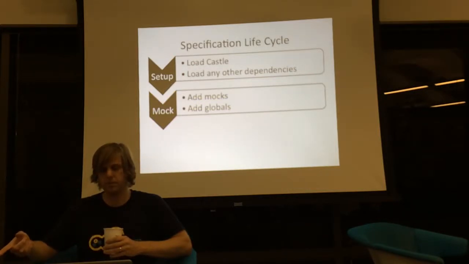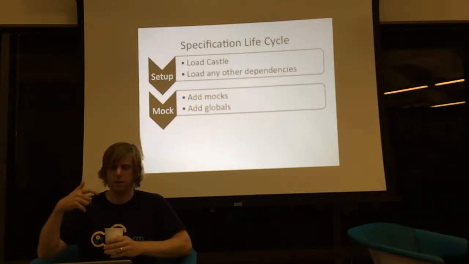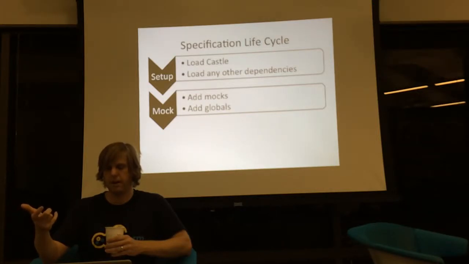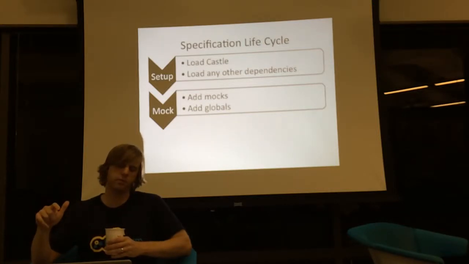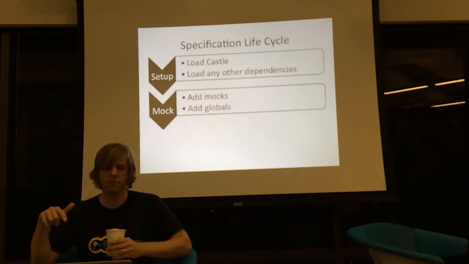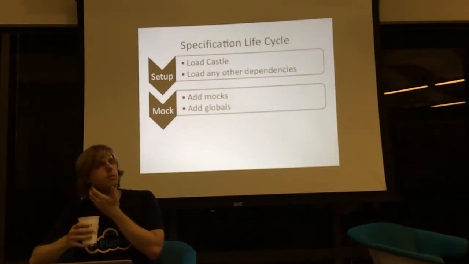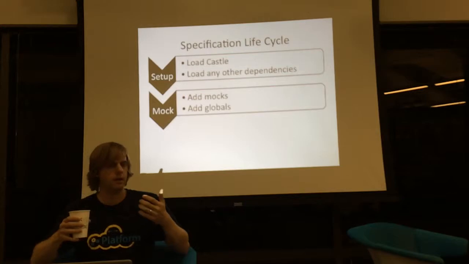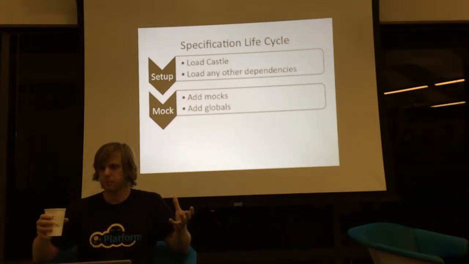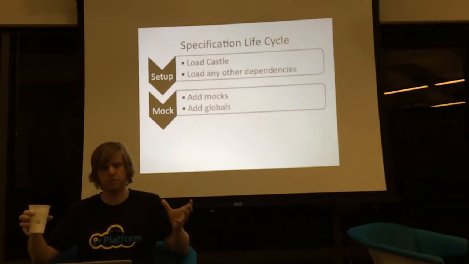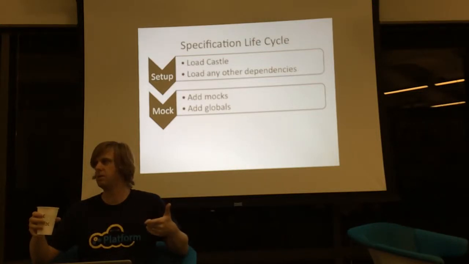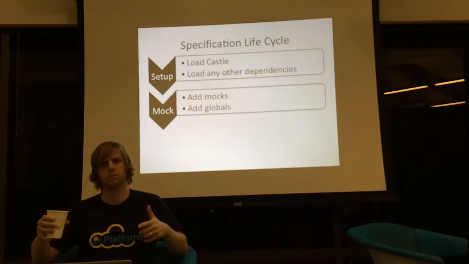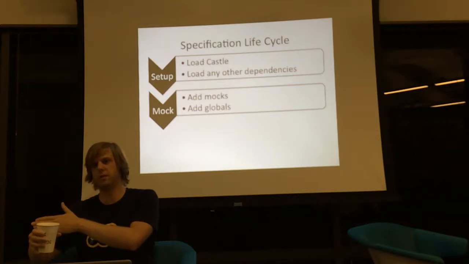The second thing it does is it says, okay, you want to mock these libraries by ID. These paths have already been resolved for you. Then it adds the ability to mock globals, because one of the things we found is that I'll have a specification run, somebody will modify a global object, the second specification loads and then it breaks, or the 10th one loads and it breaks.